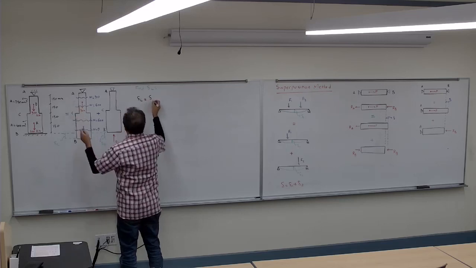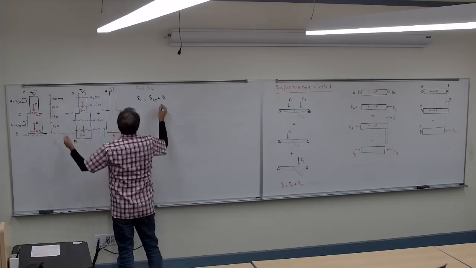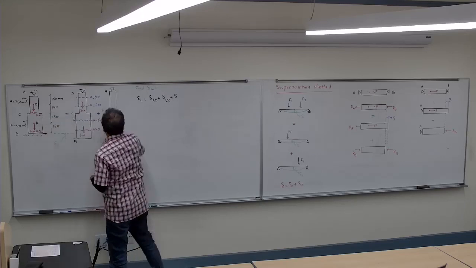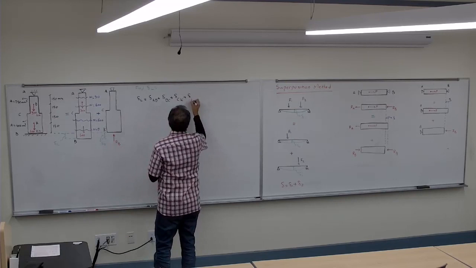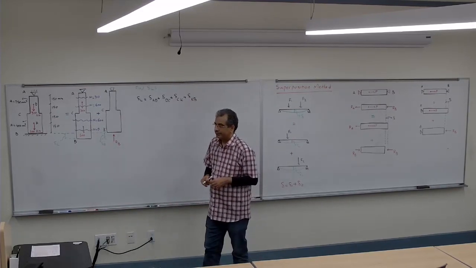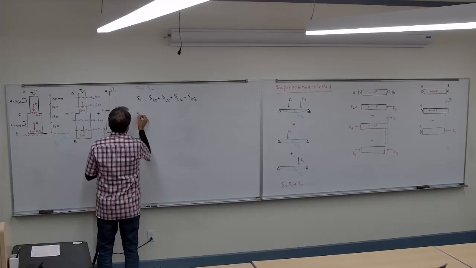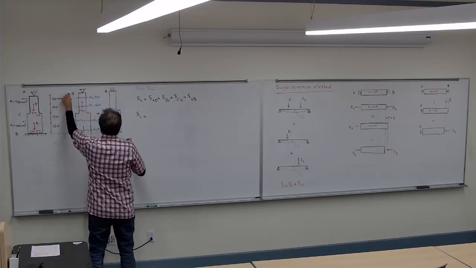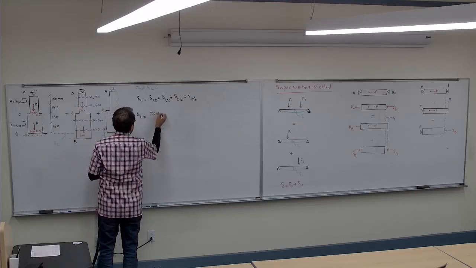So if I know that, then the delta L is going to be the delta in the AD plus the delta DC plus the delta CK plus the delta KB. Agree? So if I go here, for the delta in the AD, the P is 900 kilonewton.